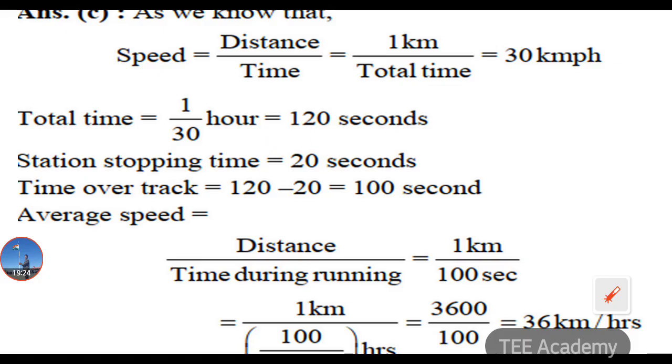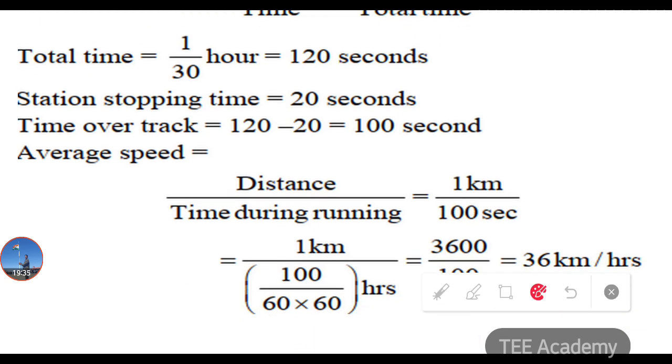Then what is the average speed? Average speed is equal to distance divided by time during only the running condition. So 1 kilometer divided by 100 seconds is nothing but 36 kilometers per hour. So observe here that the scheduled speed is lesser than the average speed. Understand the concept here?